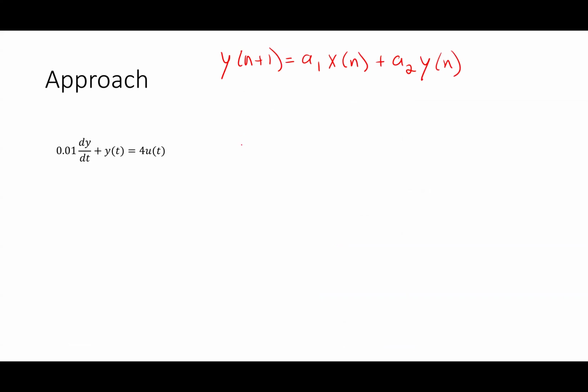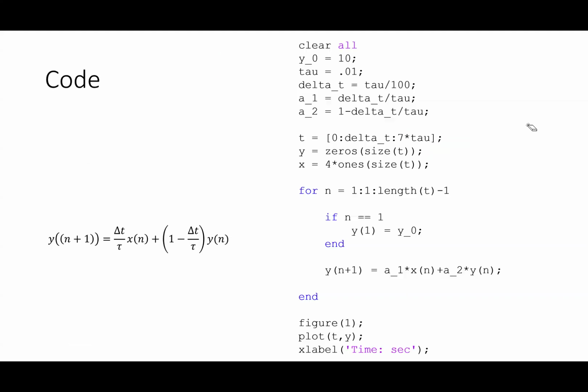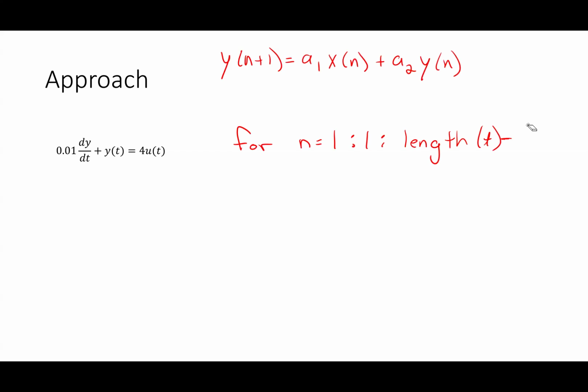I'm going to say for n equal 1 in steps of 1 up to, let's say I've already made my time vector somewhere. Okay, I'll come back to why I ended there. All right, length of t minus 1. I'll come back to where I came up with that end, length of t minus 1.